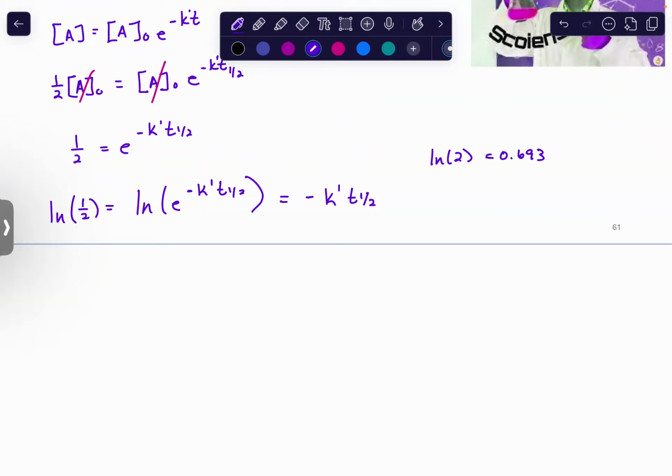No calculators. What is the natural log of 1/2? If I have a number that's less than 1 inside of a logarithm, it's negative.